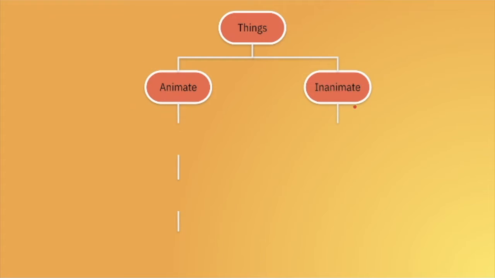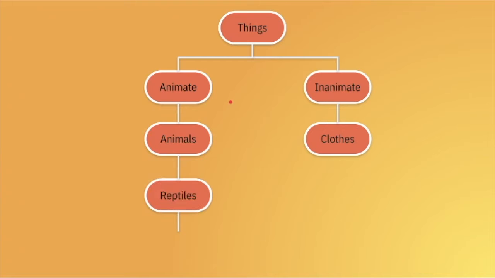So therefore, these two classes would be child classes of things, and things would be the parent class of these two. Then if we go a little further, we can have animals and clothes. So again, these would be the child classes. Clothes would be the child class of inanimate, and animals would be the child class of animate. Then if we go even further, we can add in reptiles as a child class of animals, and then animals would be reptiles' parent class, and so on and so forth.